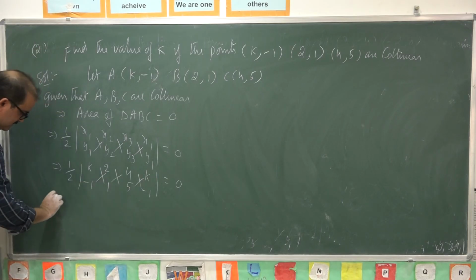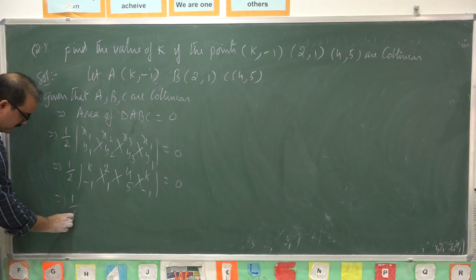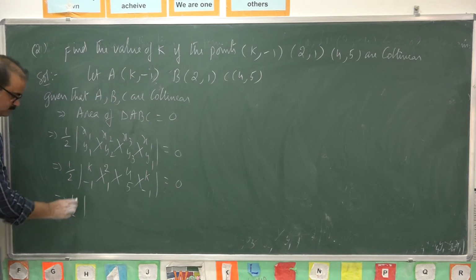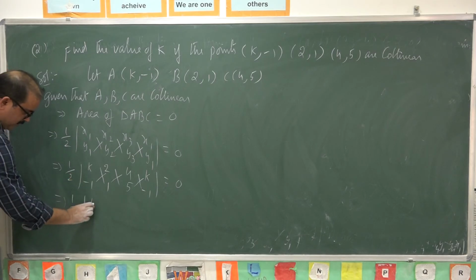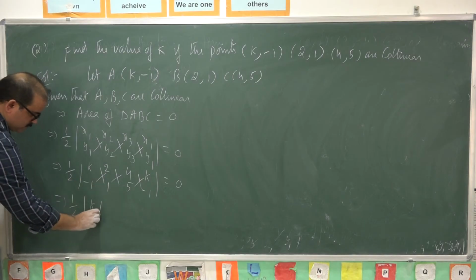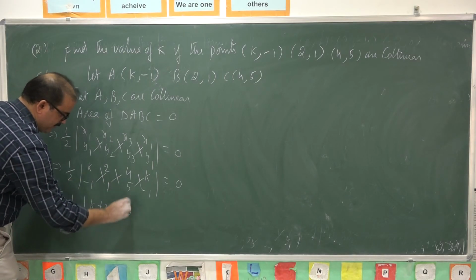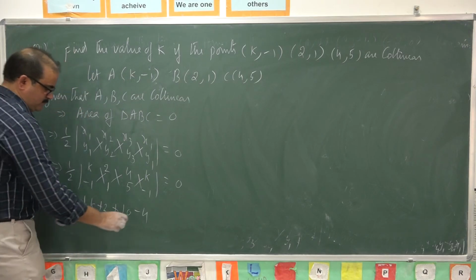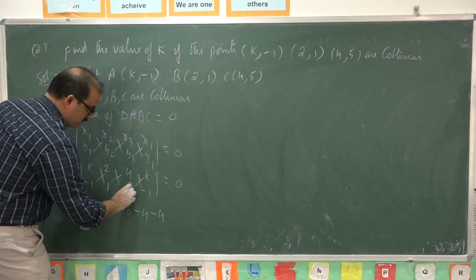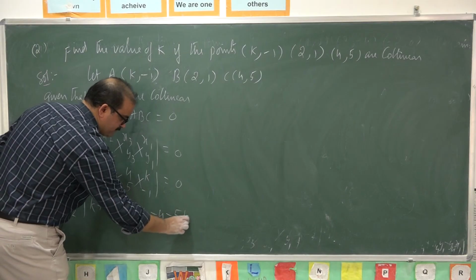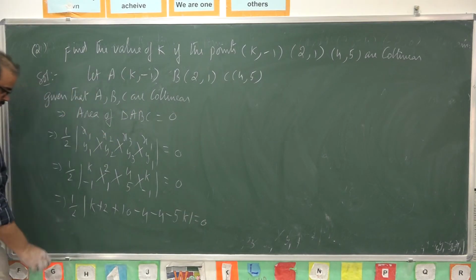Now you expand this. 1 by 2 into k plus 2, 2 into 5, 10, minus 4, minus 4 minus 5k is equal to 0.